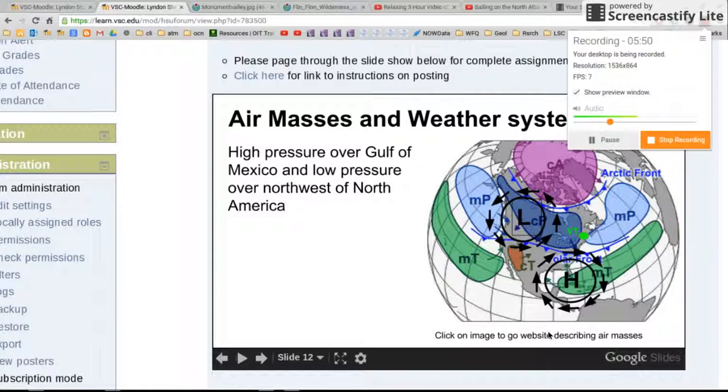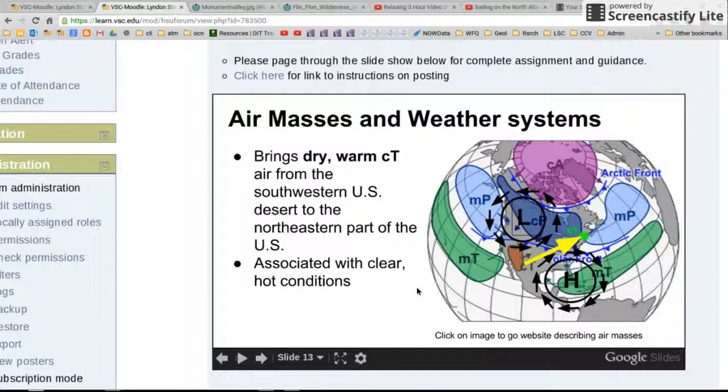And if you look at the kind of circulation that creates, with this clockwise circulation here and this counterclockwise circulation over the northwestern part of the continent, is a southwesterly wind, a wind coming from the southwest and moving towards the northeast, that brings this dry desert air into the region of Vermont.